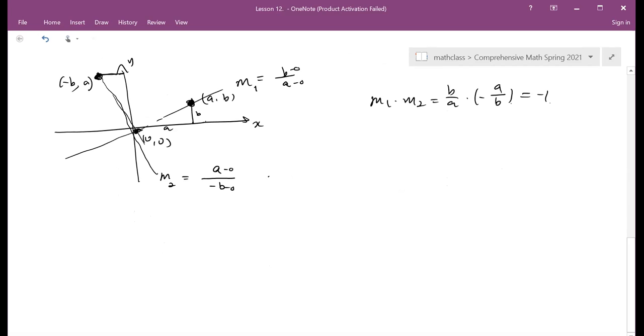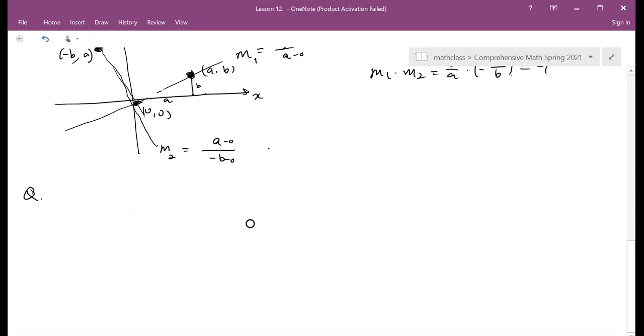All right. So our first question is: a line tangent to a circle at the point (2, 5).